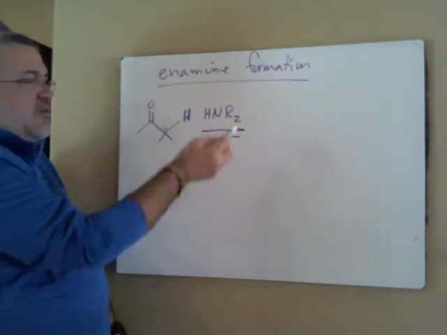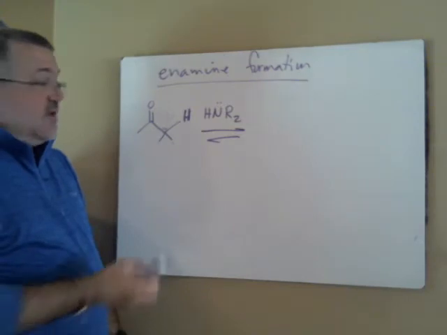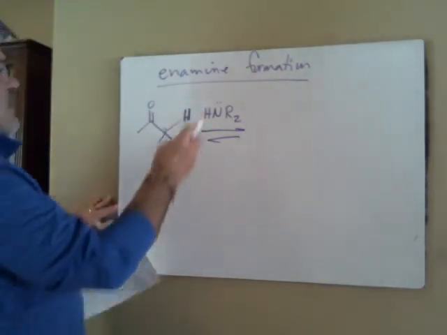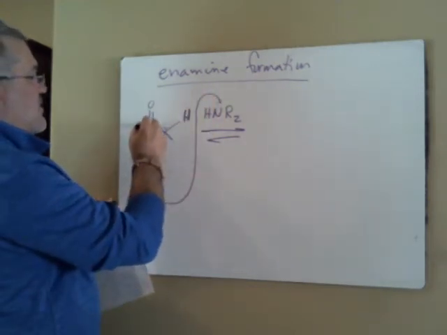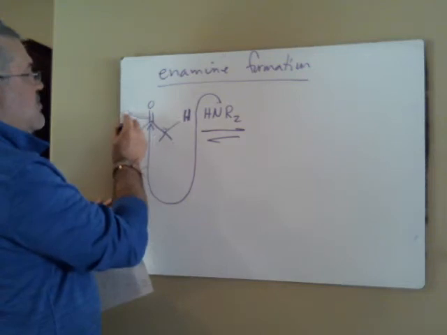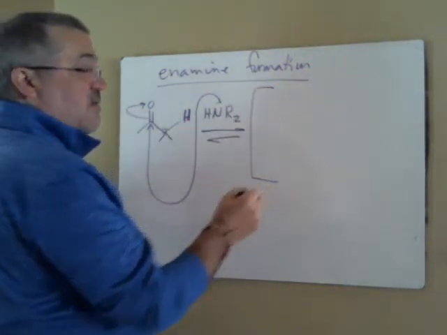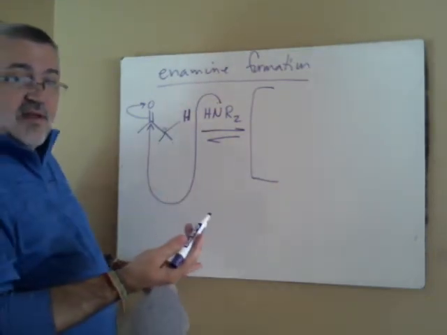Just like we saw with imine formation, this amine is nucleophilic enough. Doesn't involve any acid or base catalysis at this point. Okay, but this amine then acts as a nucleophile and reacts with the electrophilic carbon of the carbonyl, breaks the pi bond, moves the electrons out to that oxygen, forming the tetrahedral intermediate. All of these reactions do that.